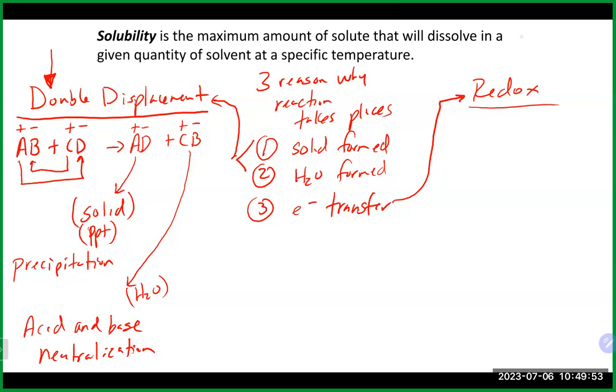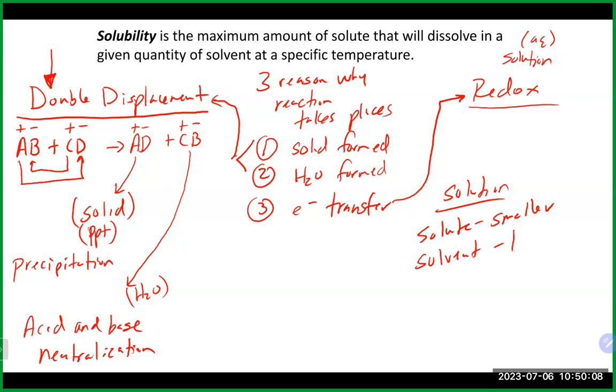A solution is those guys that get the aqueous symbol. And again, two parts to a solution are the solute, which is the smaller part, and the solvent, which is the larger part. So let's first look at a precipitation reaction and see what is going on here.